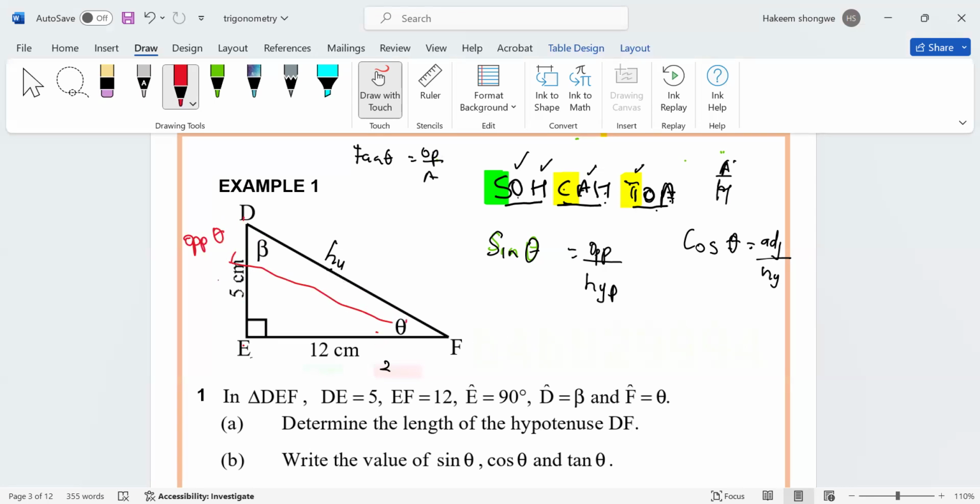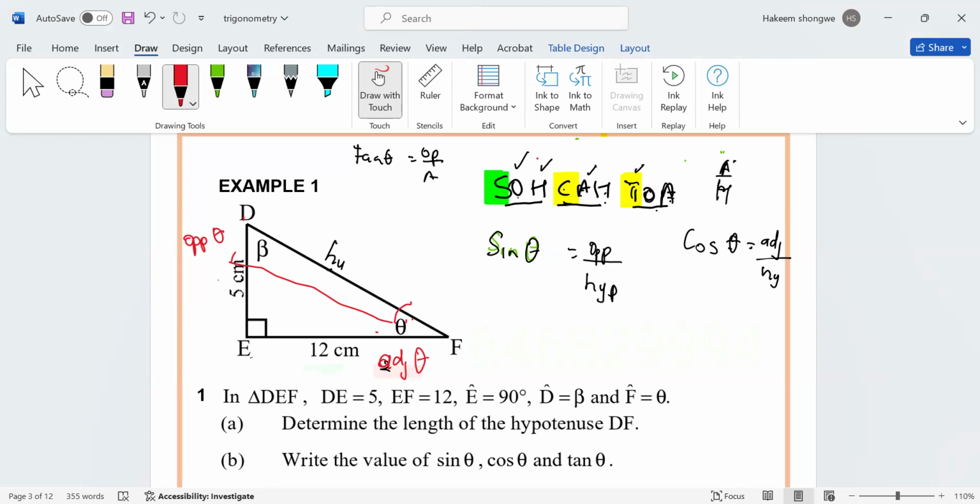Now, according to theta, what is EF going to be? He will say this is adjacent to theta. It's not just adjacent, it's adjacent to theta. Then another person might ask, what about this one? No, that one is hypotenuse. It can't be opposite. It can't be adjacent. That is why on the right angle triangle, it's very important for us to be able to see the hypotenuse side.